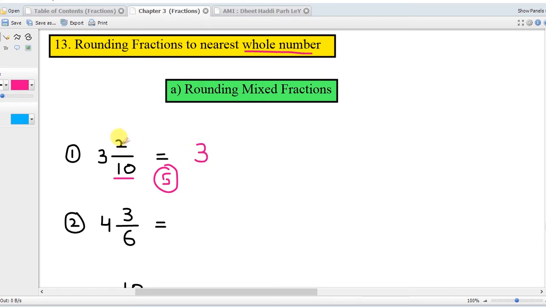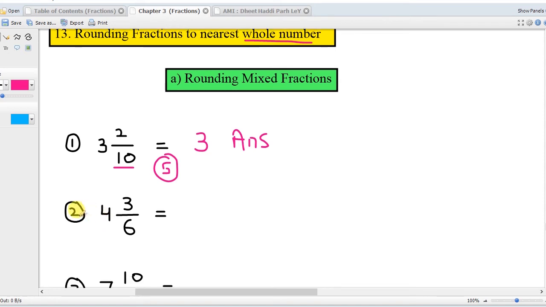Since this 2 is less than 5, we keep this whole number as it is and this will be our final answer. We'll discuss the other case in question number 2.